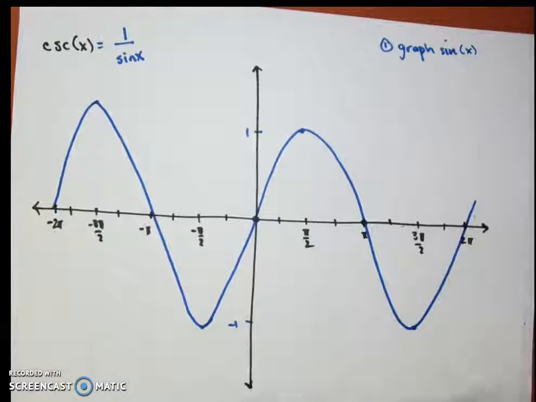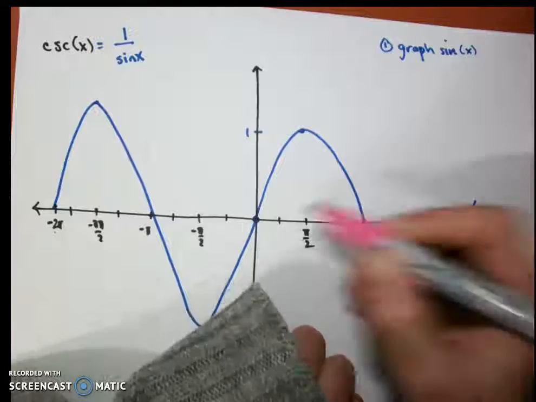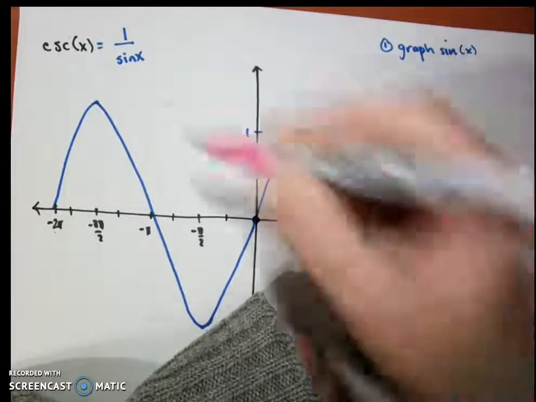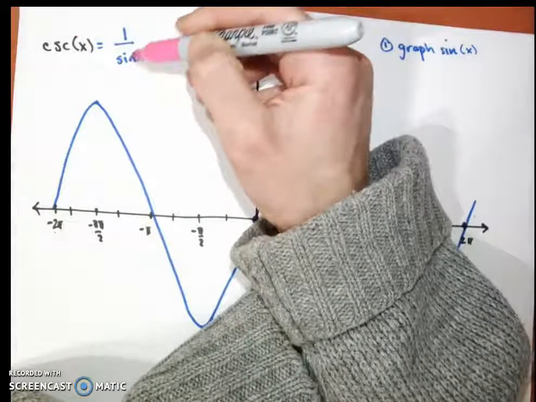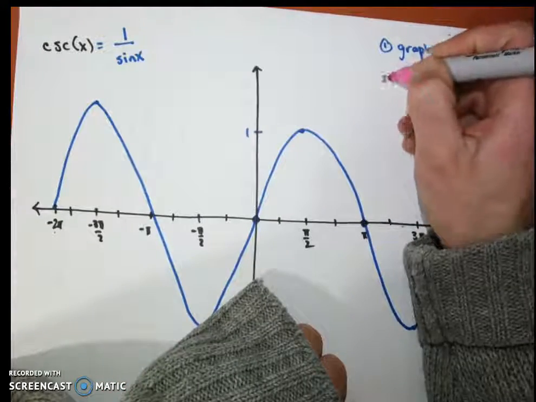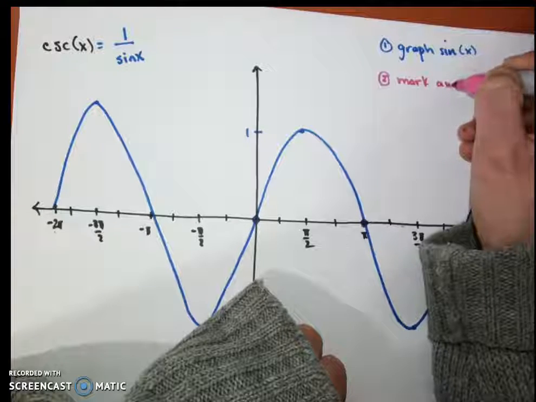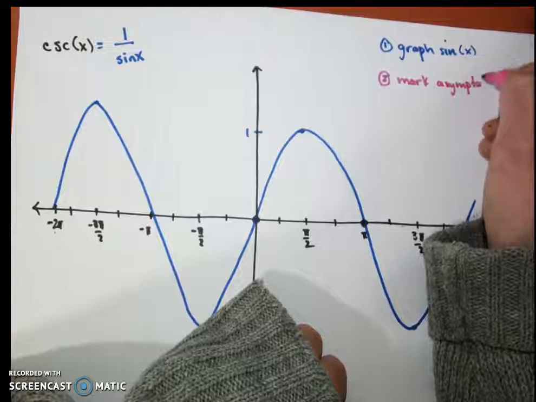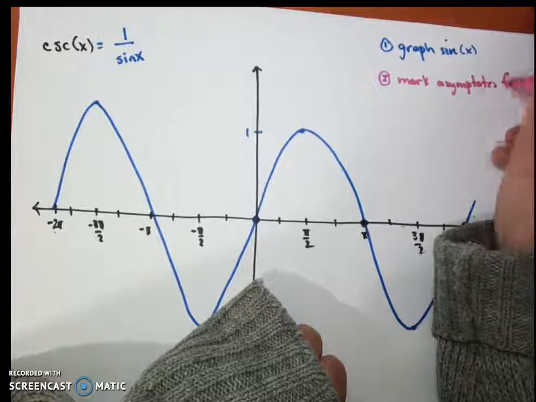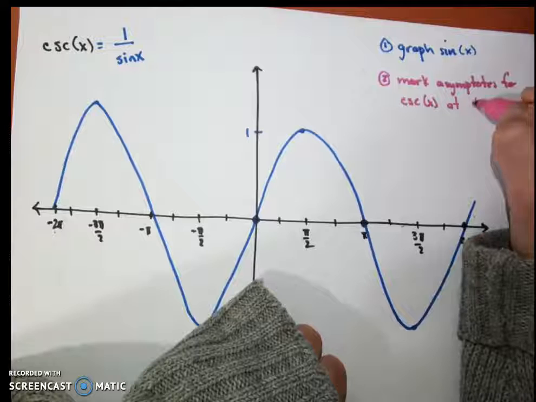Now our step 2 is, whenever sine of x is 0, so whenever we have these x-intercepts, that's going to make cosecant equal to 1 over 0. So I have to mark asymptotes for cosecant at the zeros of sine.